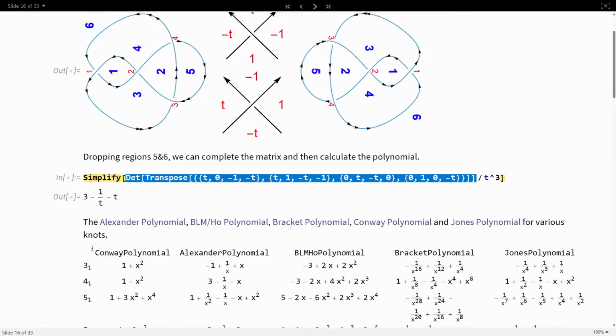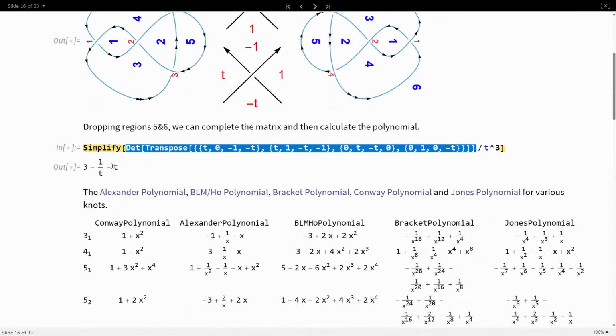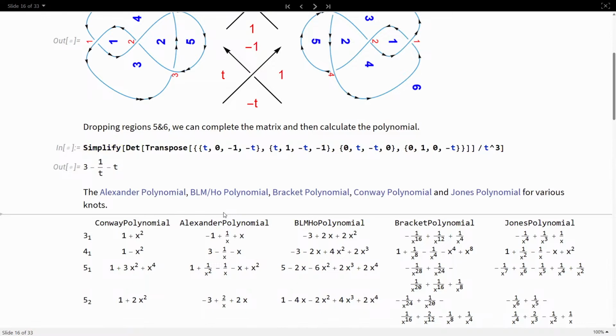And it turns out you get this equation here, which is the Alexander polynomial for the knot. Oh, this was the figure 8 knot. It's this one here: x^3 - 1 over x - x^-1, or t^3 - 1 over t - t^-1.